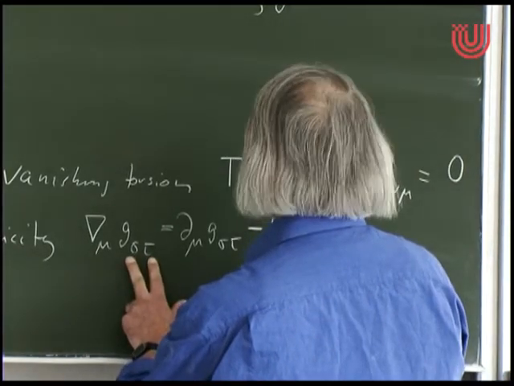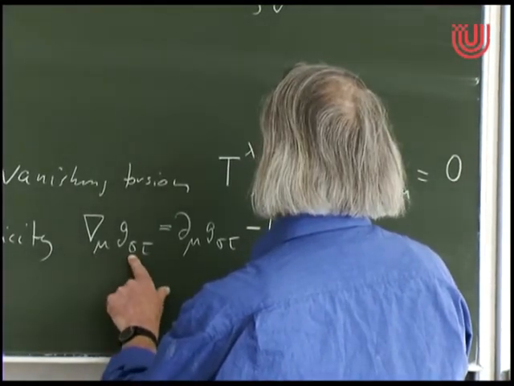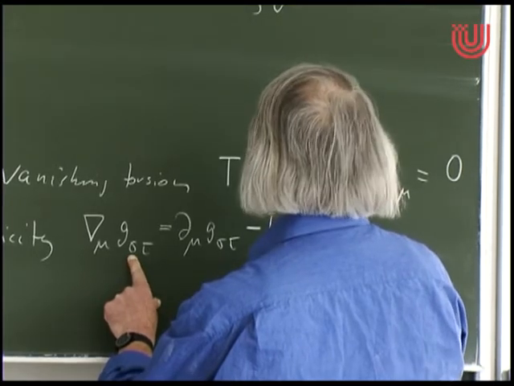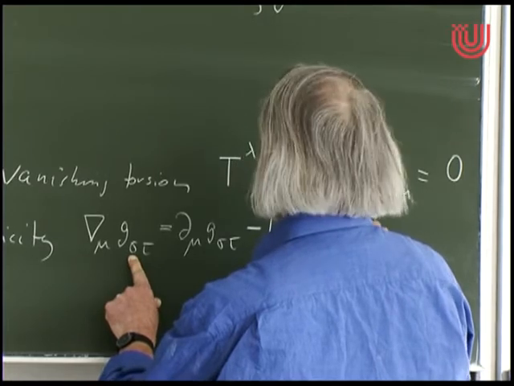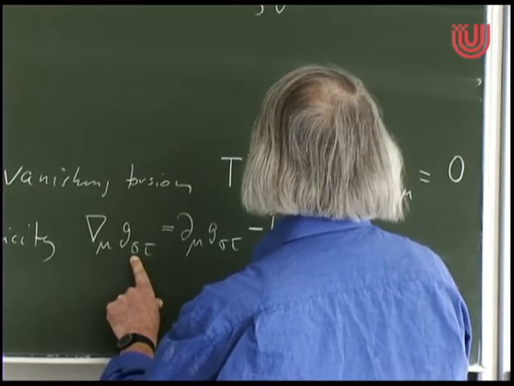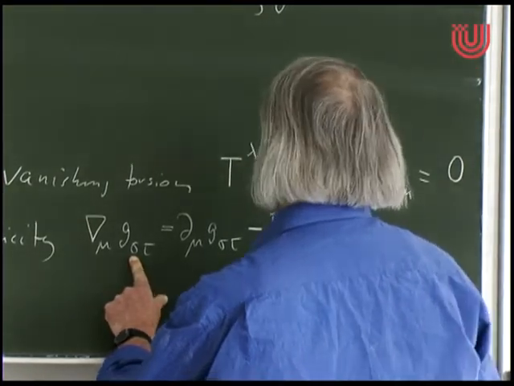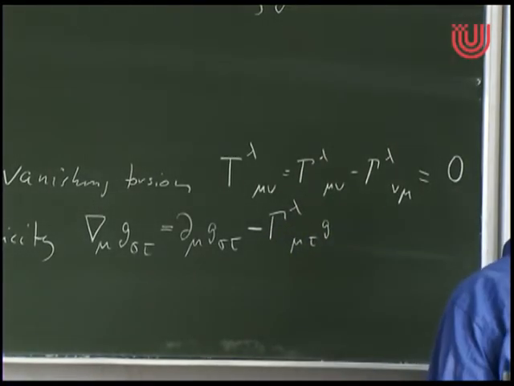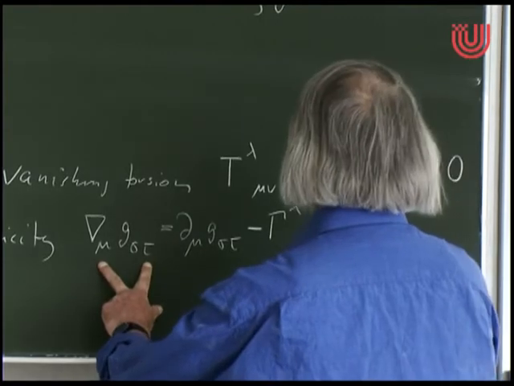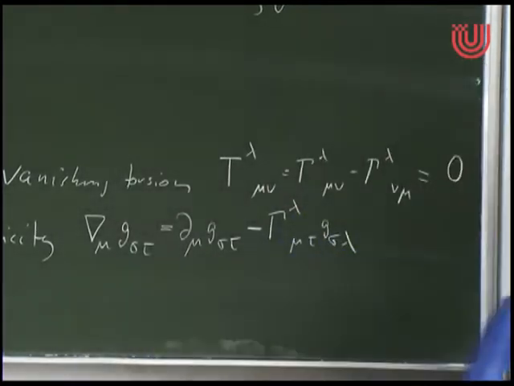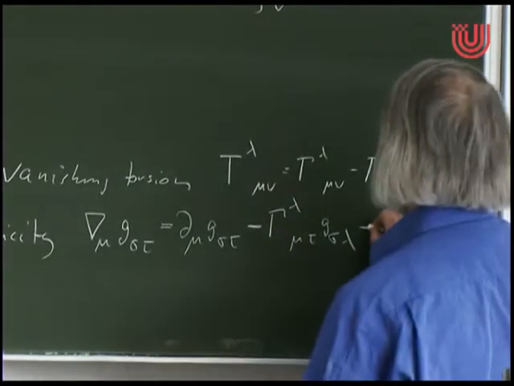So I have here gamma, what is this? If I replace the sigma, I have a mu tau and a new index lambda, g... wait a minute, what am I doing? Mu tau. Then the sigma is left, and I replace the tau. That's the correct thing.